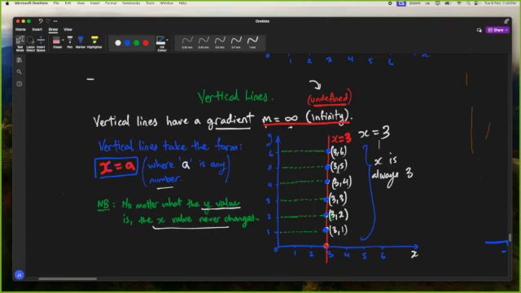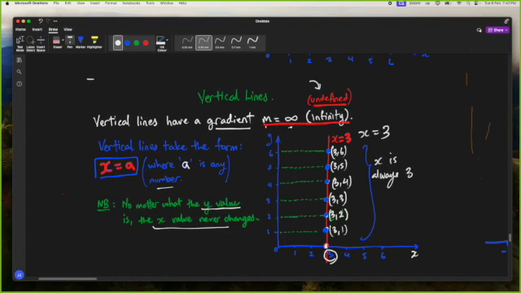You can see here that this is the line x is equal to 3. It's a vertical line, right? It cuts the x-axis at 3. Notice, no matter what y is, if the y value is 1, x is 3.